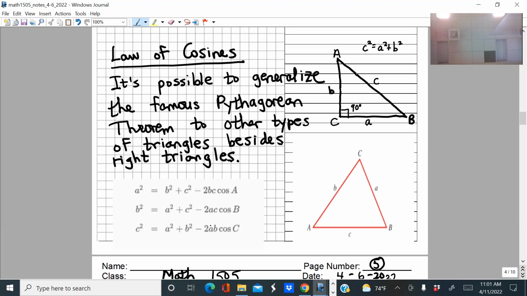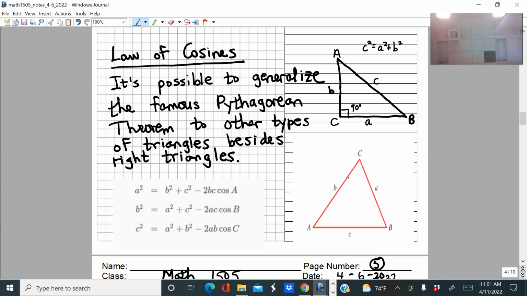Minus, you have to subtract something off, because this is not a right triangle. And what you subtract off is 2 times the product of those other two sides times the cosine of the angle opposite side c.